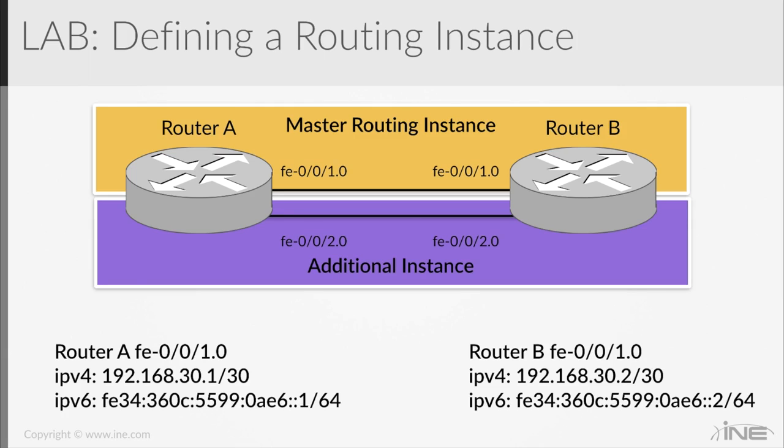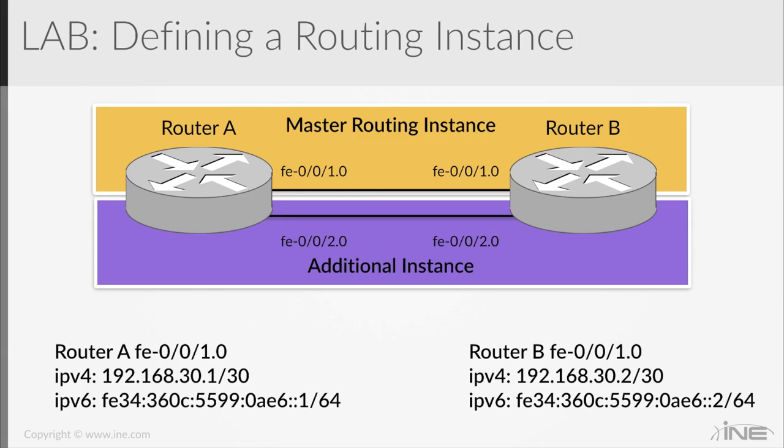The first thing we're going to do, as you can see on this particular slide, is define fe-0/0/1.0 in router A and router B, and give that interface an IPv4 address and an IPv6 address for each of the routers. It's a very simple task that you should already know how to do from the previous videos of the past series, but this is where we start in this lesson.